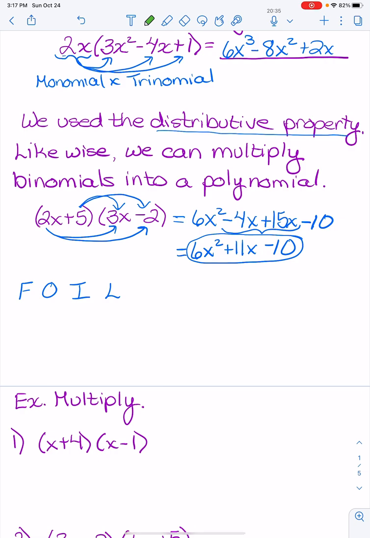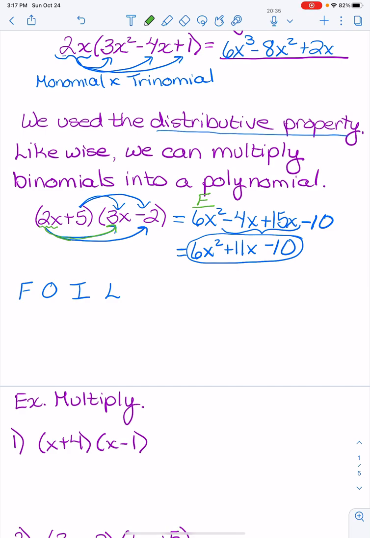So if you notice, 2x is the first term in the first binomial. And so 2x times the 3x. 3x is also the first term, so we call that first, the first terms. It's an acronym to help us remember that we have four terms that we have to multiply together. So 2x and 3x, those are the first terms in the binomials.